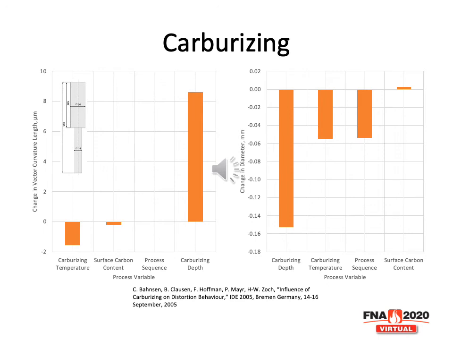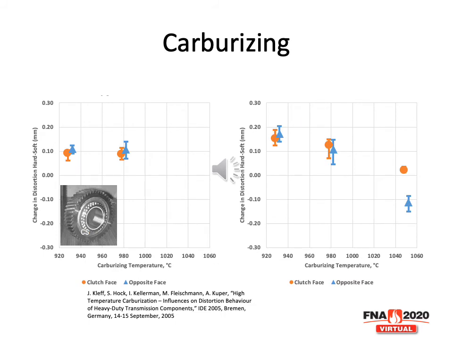They looked at carburizing depth, the process sequence, surface carbon content, and carburizing temperature. They saw that the biggest cause of curvature was the carburizing depth, with very little effect from surface carbon content. In terms of changes in diameter, the carburizing depth again showed the greatest effect, followed by the carburizing temperature. The surface carbon content showed the least effect.